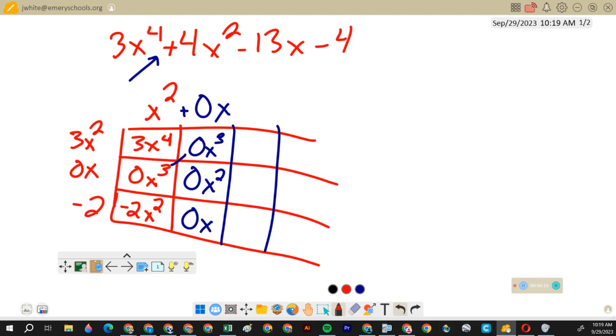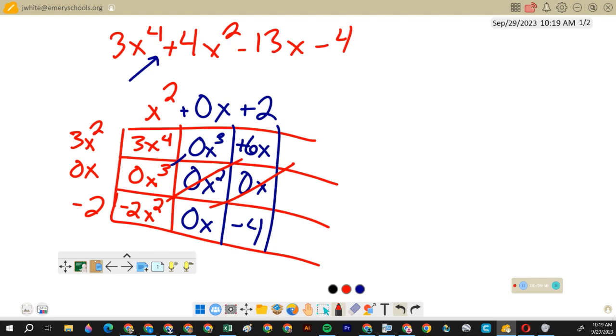So 0x to the 3rd, which makes this 0x, which makes this 0x squared and 0x. Okay. Those need to add up to be 4x squared. So I have a negative 2 and a 0. How do I get to 4x squared? Add 6x squared. Good. Pull out a 3x, and I get plus 2. So 0x and minus 4. Okay.